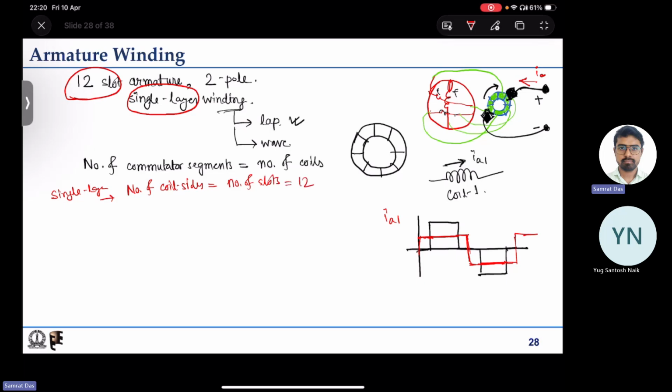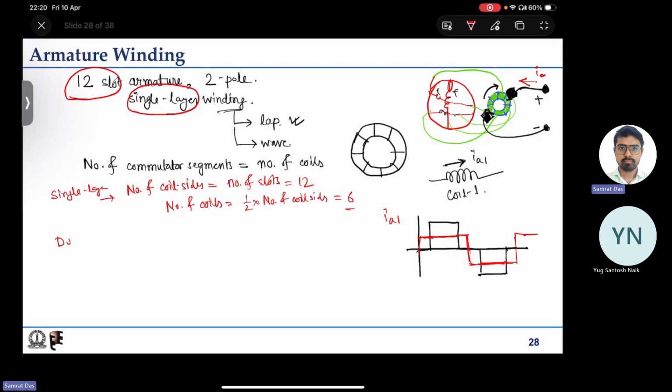So in this case it is 12. The number of coils is half of the number of coil sides, that is 6. So for this 12 slot and single layer winding, we'll have 6 commutator segments.